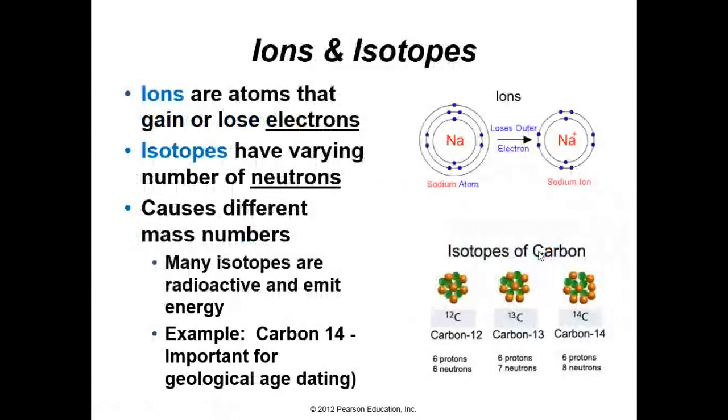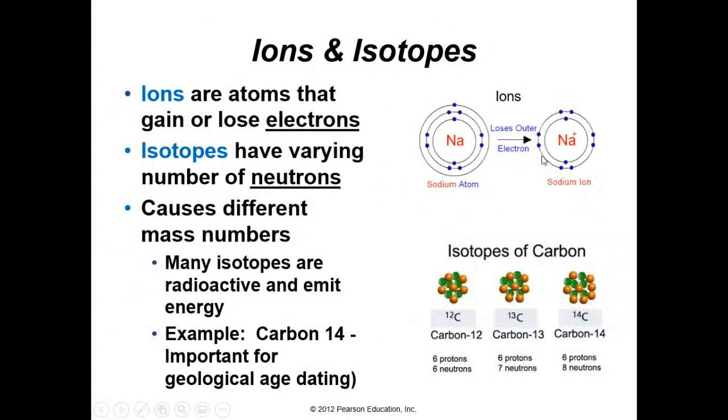And how that becomes useful to us is in the form of ions and isotopes. So ions are atoms that gain or lose electrons. When you have chemical bonding, in this case, what we have here is sodium. We have these valence electrons on the outside shells of each of them.